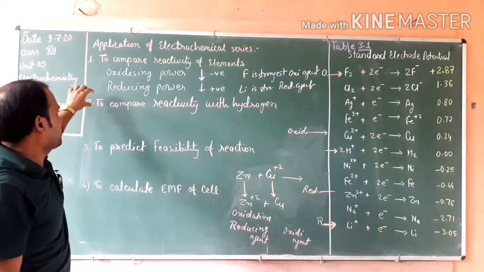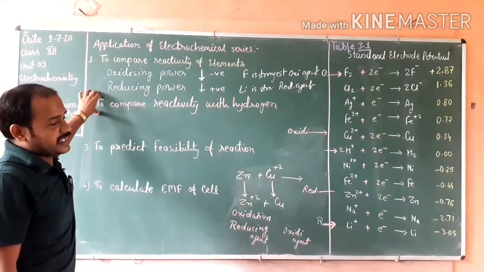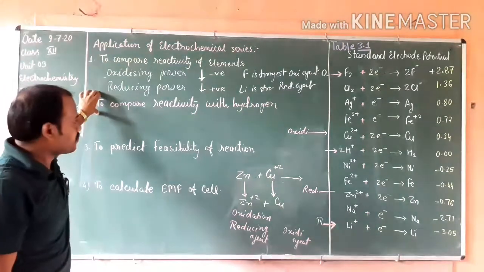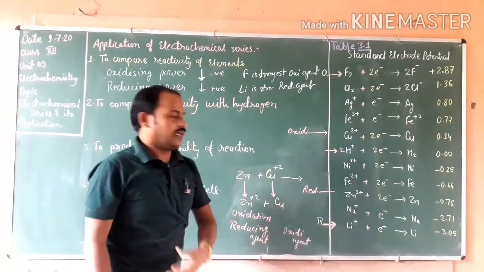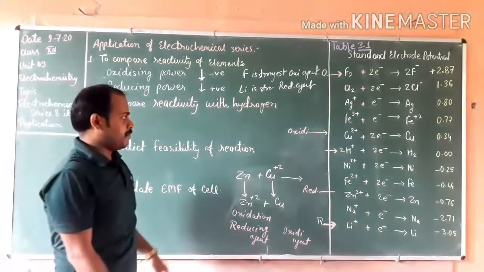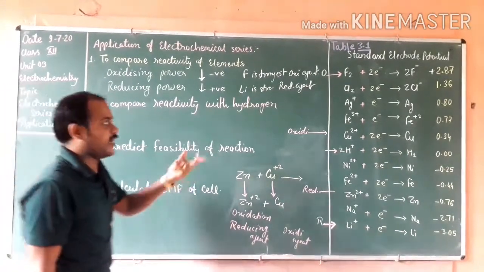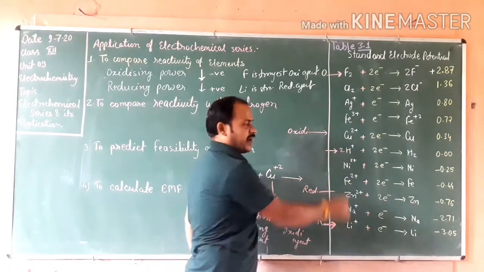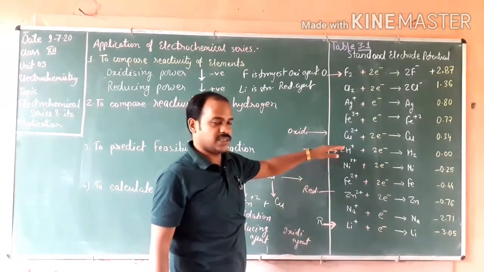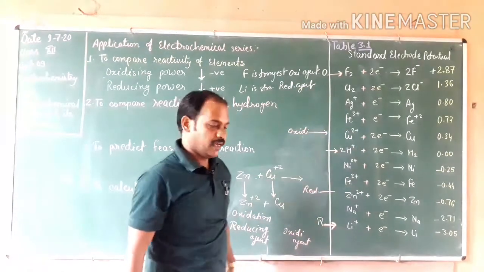Now students, see second application, to compare reactivity with hydrogen. Now we are going to compare the reactivity. Where is hydrogen? Hydrogen is here. So we will compare the reactivity of hydrogen with the elements which are present below hydrogen and the elements which are present above hydrogen.